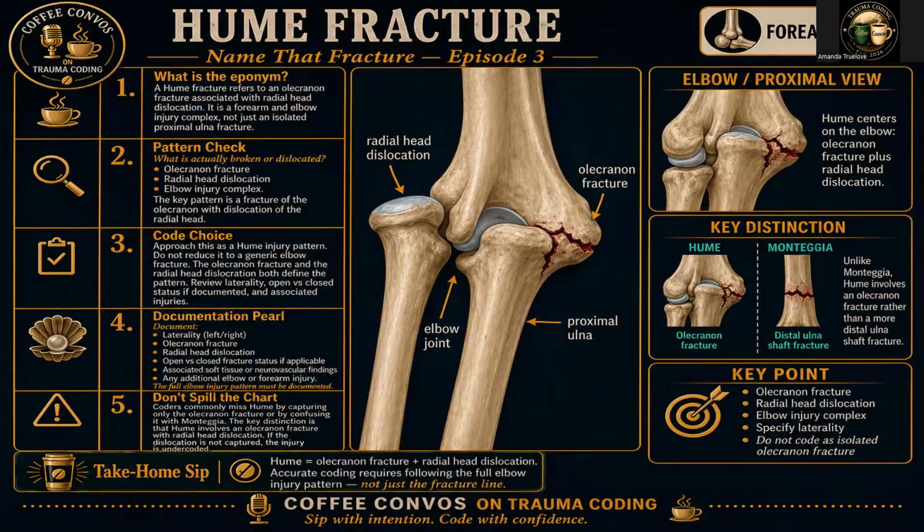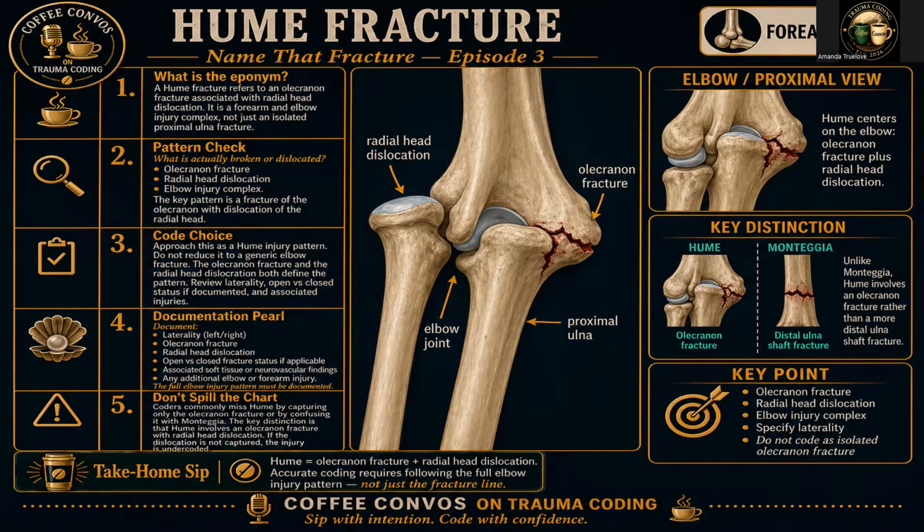So now we have that other fracture, the Hume, which is classically described as an olecranon fracture with a radial head dislocation. Now, it is a much rarer forearm and elbow eponym, but it fits beautifully into today's teaching theme.